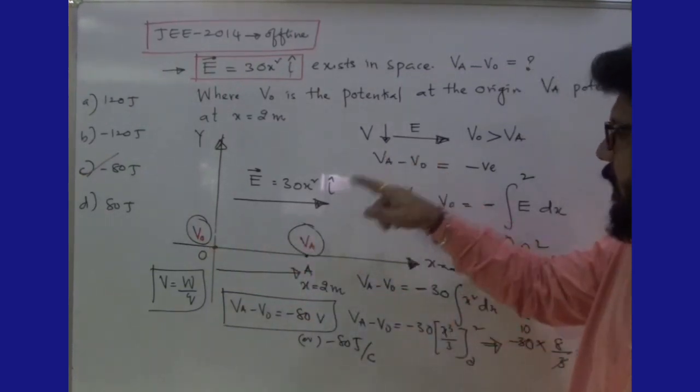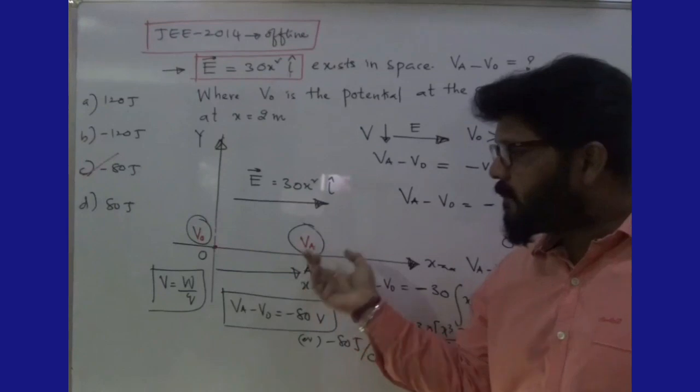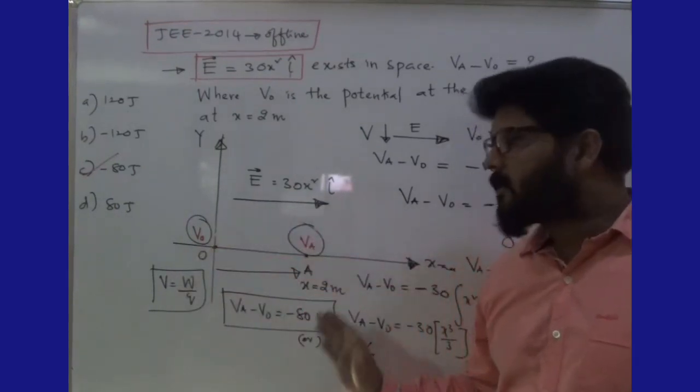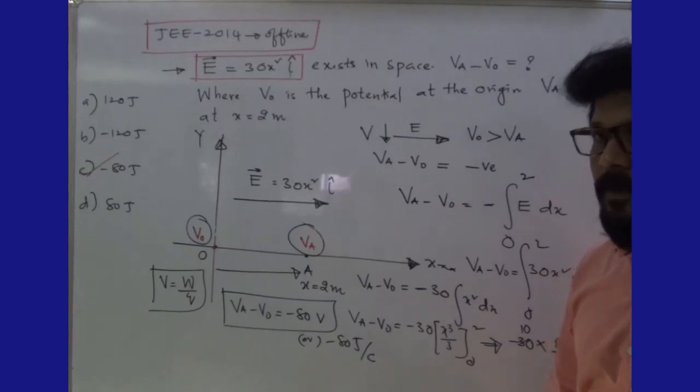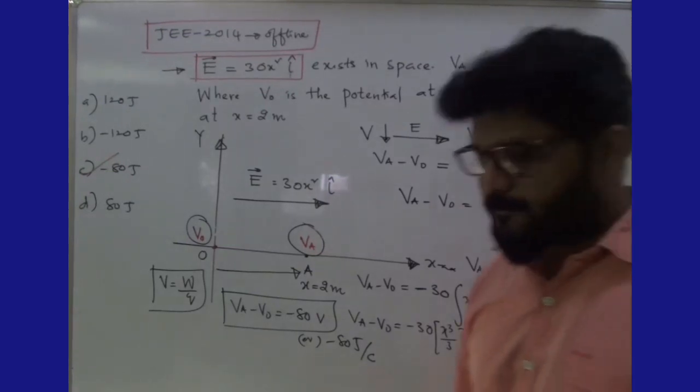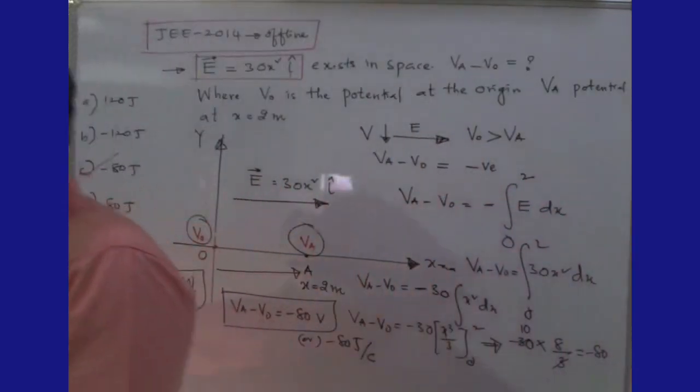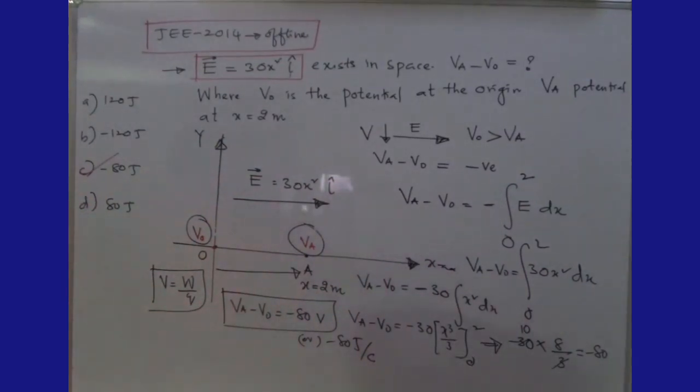So V0 minus VA will be positive, but VA minus V0 will be negative because the potential is decreasing. Hope you got it. All of you, is it clear? So take screenshots, and if you have any doubt, let me know. I hope it is very clear to you.